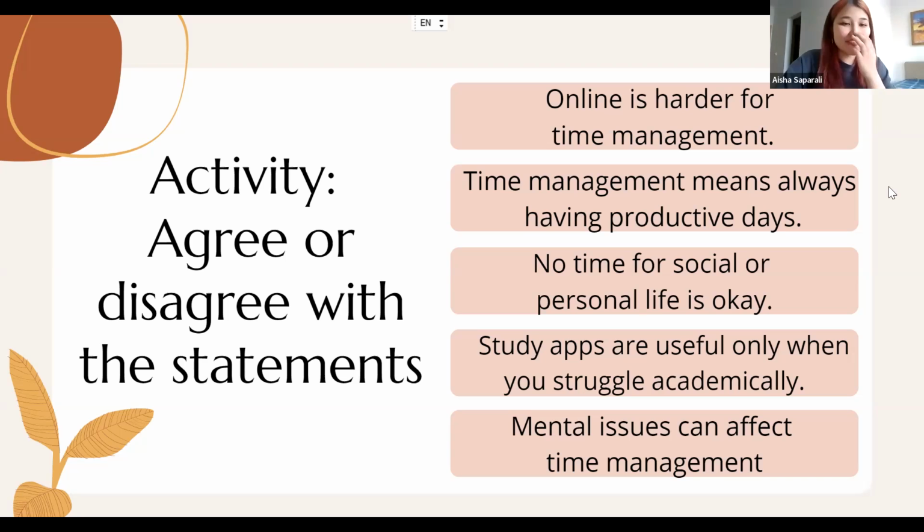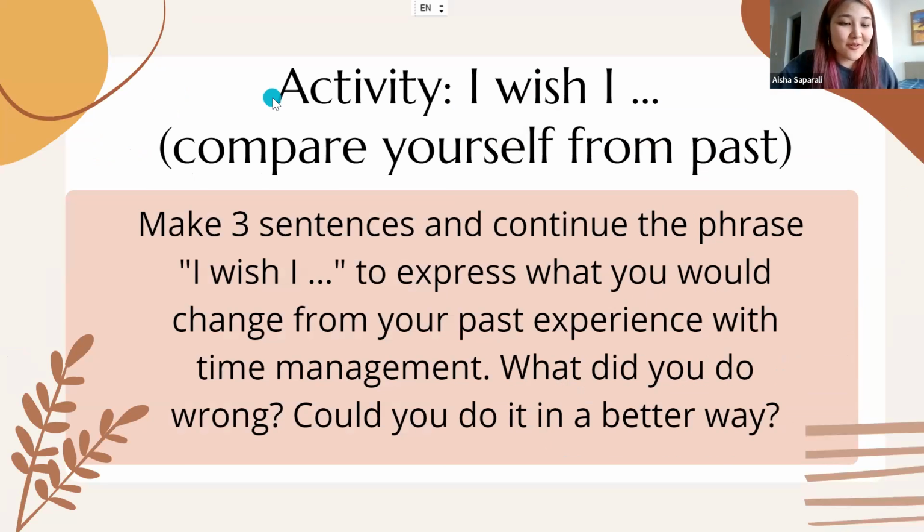Yes. Good, thank you. We finished this activity, so I guess we have even more information on that. We'll now have the last one for our guests, and then the last one for the audience. For each guest, the activity is comparing yourself with the past. Can you give 3 sentences starting with "I wish I", talking about your past experience with time management, or anything else that you did wrong or could have done better?